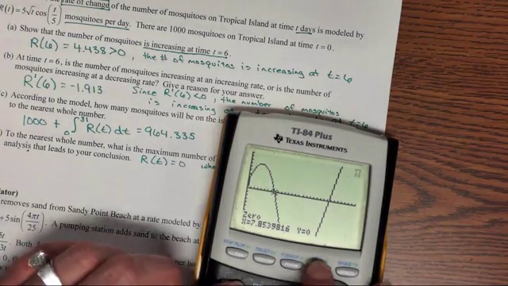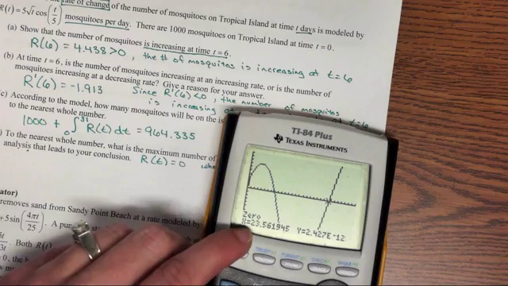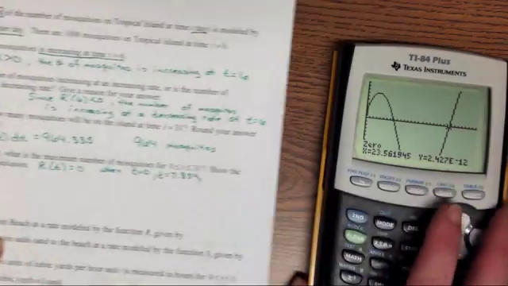And then 0 again, between here and here, and I get 23.562.